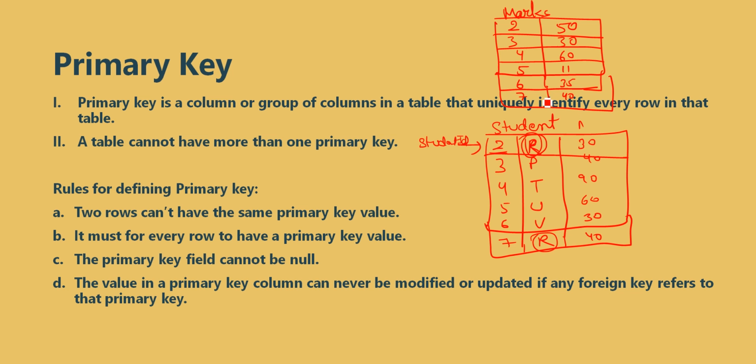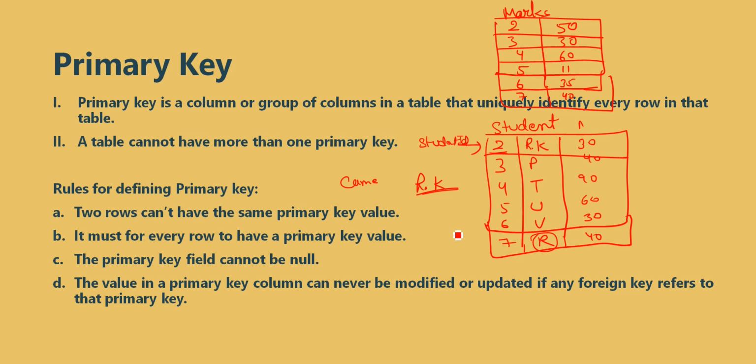Right. Now let's say our student came to me and asked me to please change my name from R to RK. She requested me to change the name. So what I will do is simply go to the database and update the value R to RK.